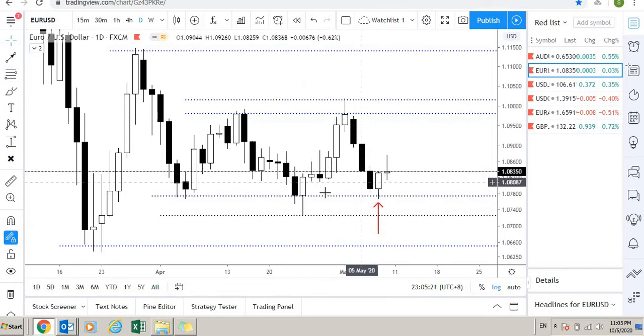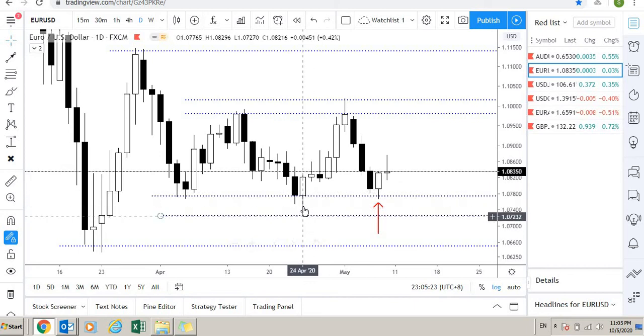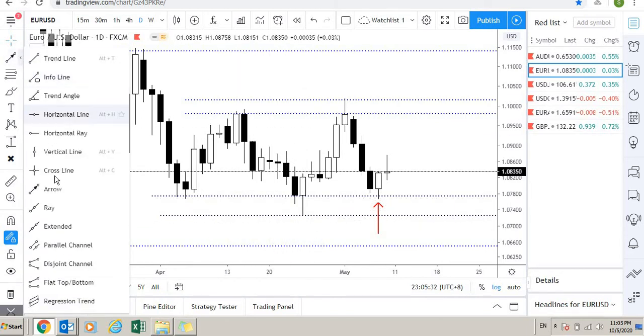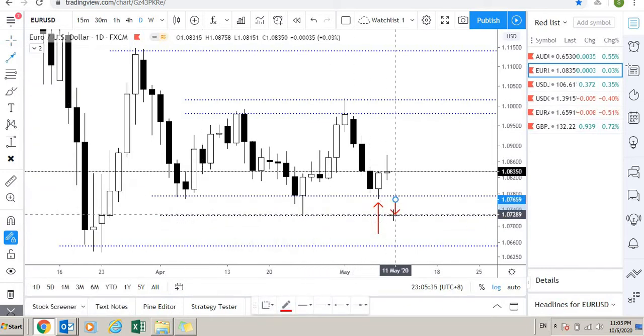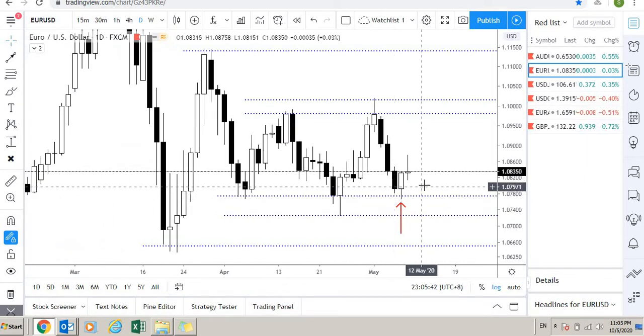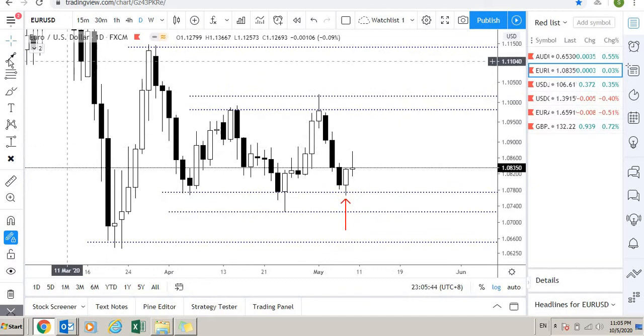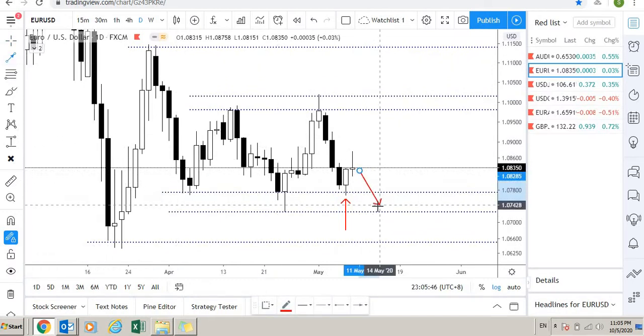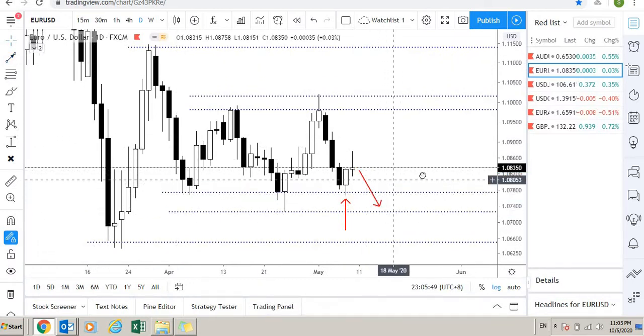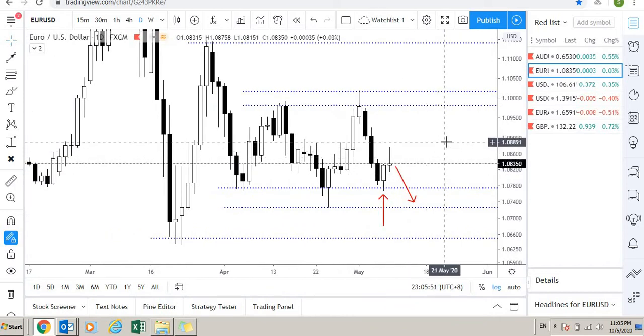We would like to see strong rejections, like this bar that has a long wick that rejected these areas. The lower wick should be a long lower wick, like this, then rejected and closed above. So we need to wait and see whether the price will move down to this area again, and look for the signals. So this is the EURUSD pair analysis.